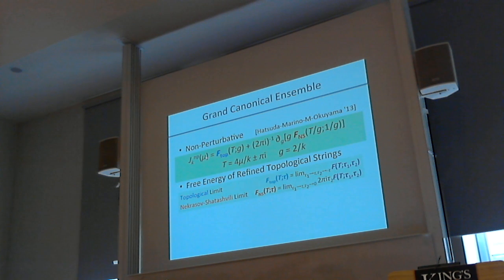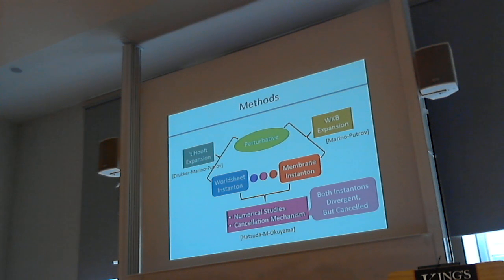We can go beyond and study the non-perturbative part, and we find that the non-perturbative part is written in terms of various limits of the free energy of refined topological strings. You might wonder how it was found and how the cancellation mechanism works, which I don't have the time to explain. But this is how this explicit expression for the partition function was found.